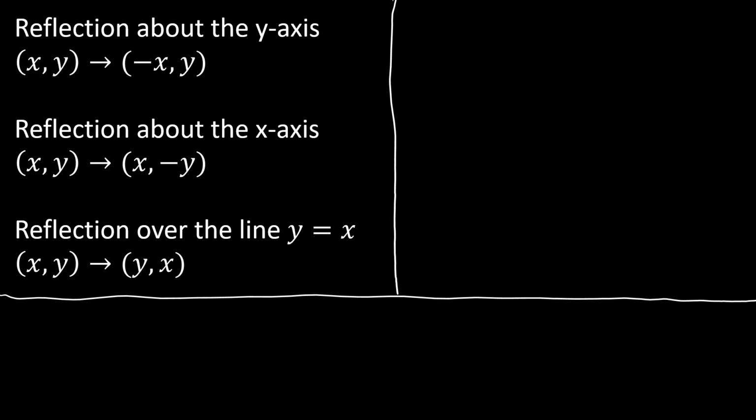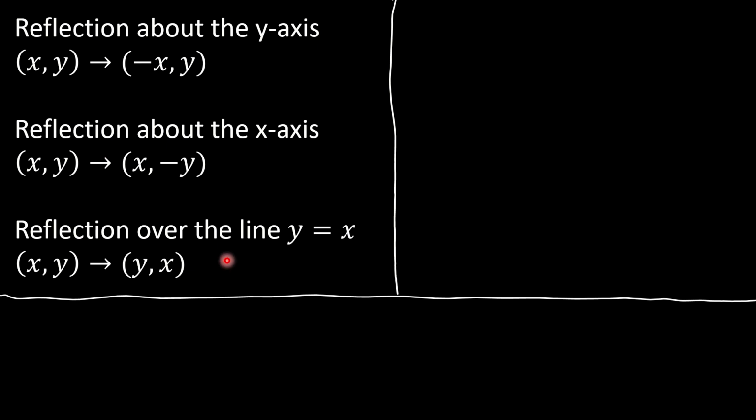So, in summary, reflections about the y-axis can be achieved by mapping points (x, y) to (-x, y). Reflections about the x-axis can be achieved by mapping the points (x, y) to the point (x, -y).